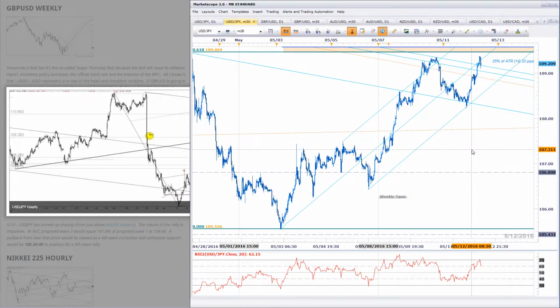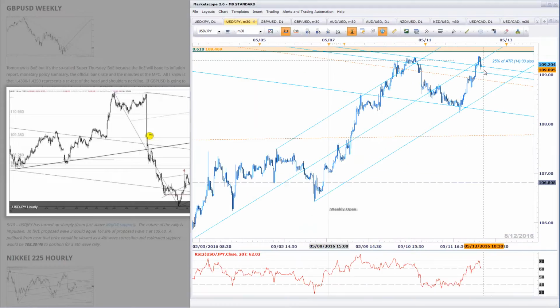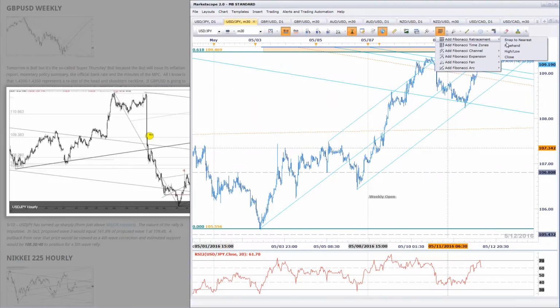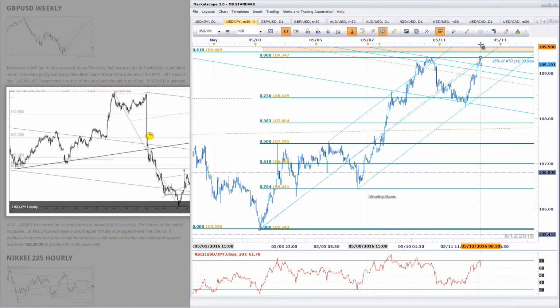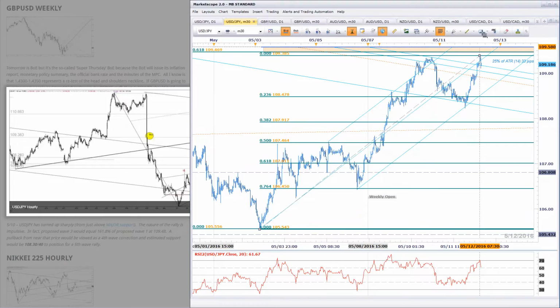Now, this is just a drill for everyone in the room, to walk you through the process I would be going through as we head into the U.S. open. Let's say you get an opening range break to the downside for the U.S. session, or you get a decent trigger in momentum. Once you have any type of conviction that this is going to be a near-term high, tack on a basic retracement, and you start to look for support right around those convergences where the lower parallels start to come into play, and the first basic 236 takes you down here.